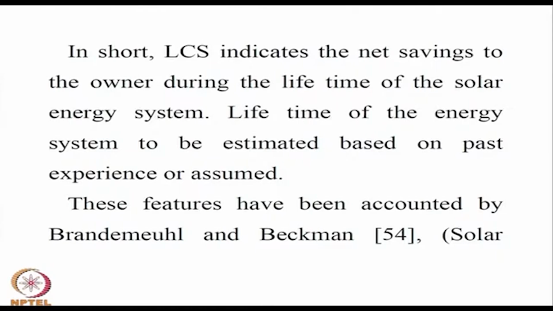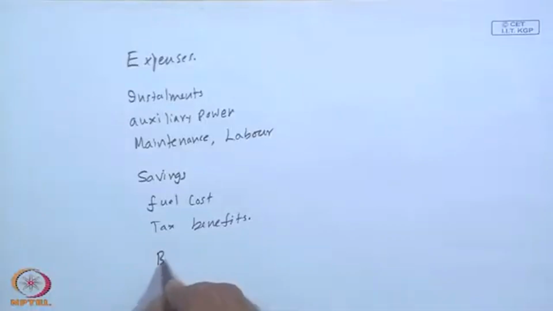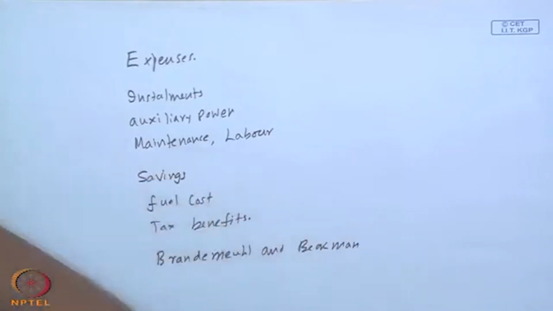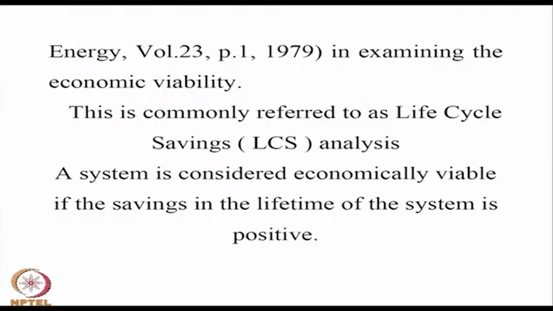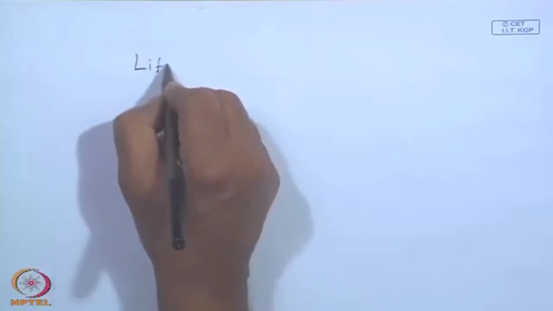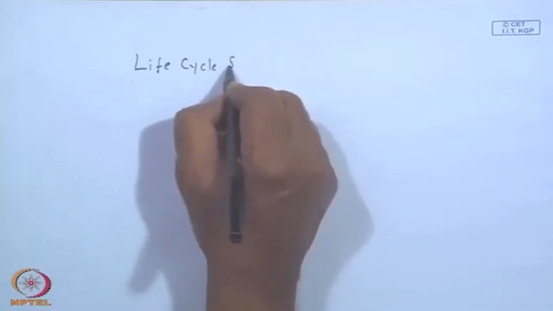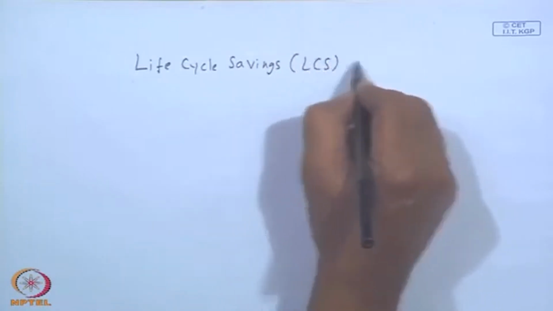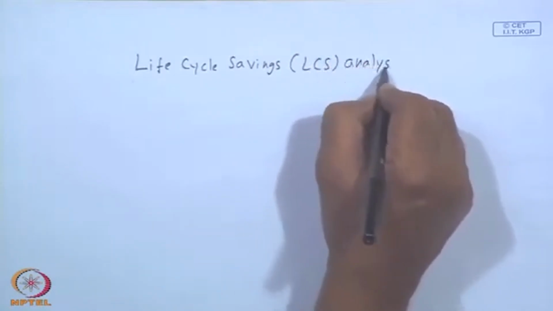And these features have been accounted for by Brandmühl and Beckman. The reference is available in your companion notes. So, this is commonly known as the life cycle savings analysis, short form LCS analysis.